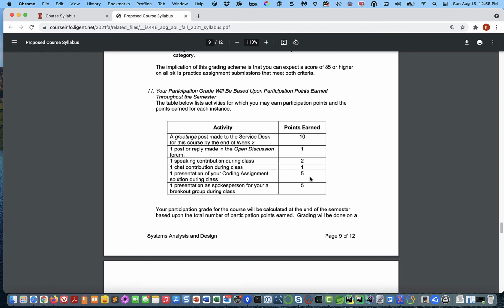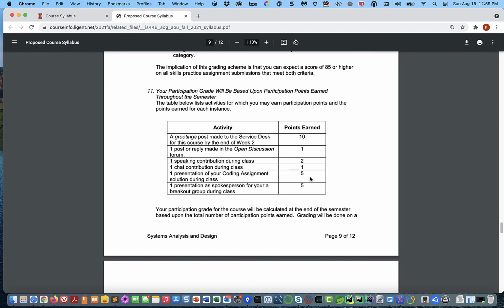Okay, so for instance, if you've got a 95 from your skills practice assignments, and let's say you had the highest participation points in the class, you'd probably pick up about a point and a half. That'd probably put you up to about 96.5.